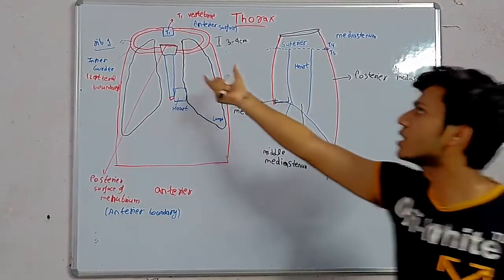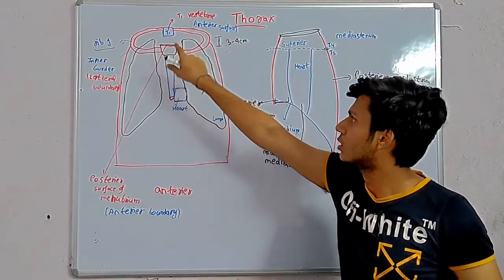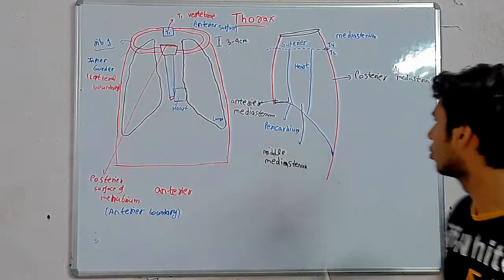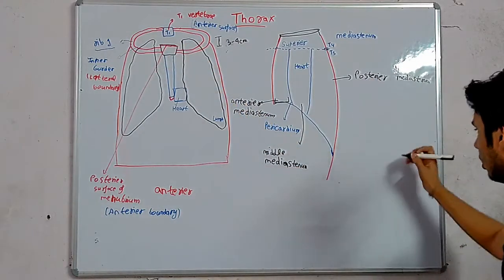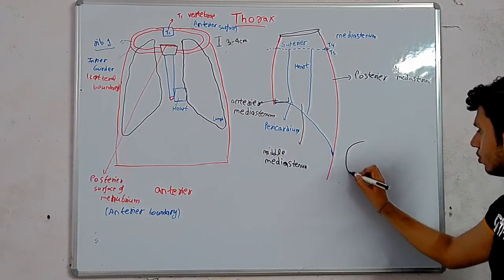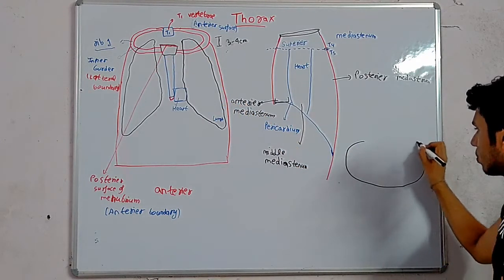Now we take the superior section of thoracic inlet to find the major structures. This is superior section.